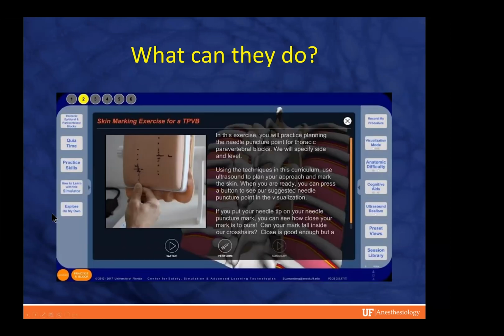These simulators can also have automated virtual tutors built into them. So the simulator itself can teach people how to execute techniques. In this case, this is a subtask, a micro task about how to properly mark out some of the landmarks that are necessary for thoracic paravertebral blocks.